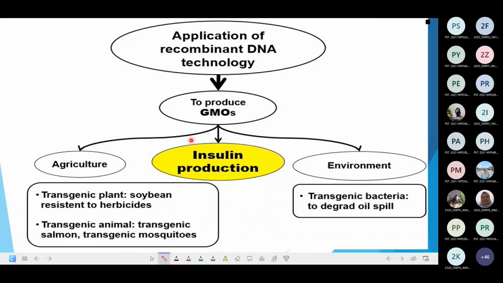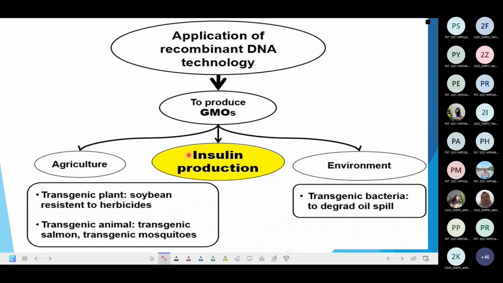Okay, in agriculture, in the field of environment, in the field of food production. But according to our syllabus, we need to know about this insulin production. How to produce insulin using the recombinant DNA technology.